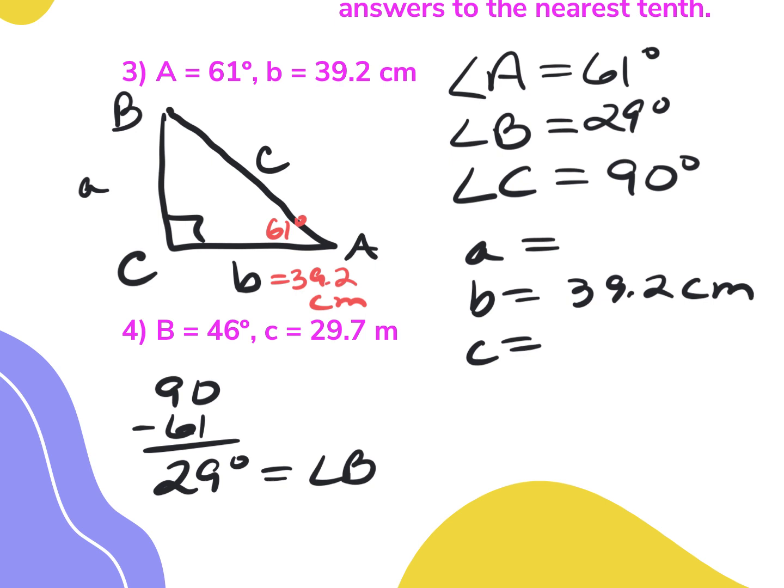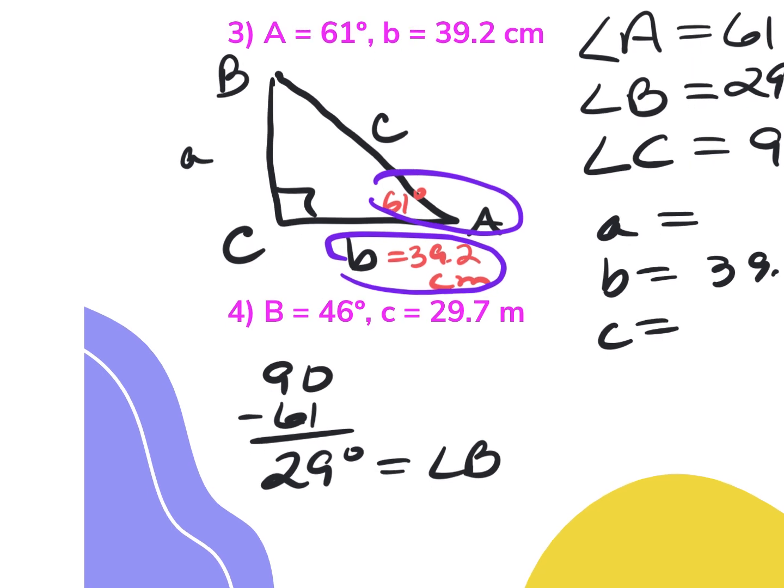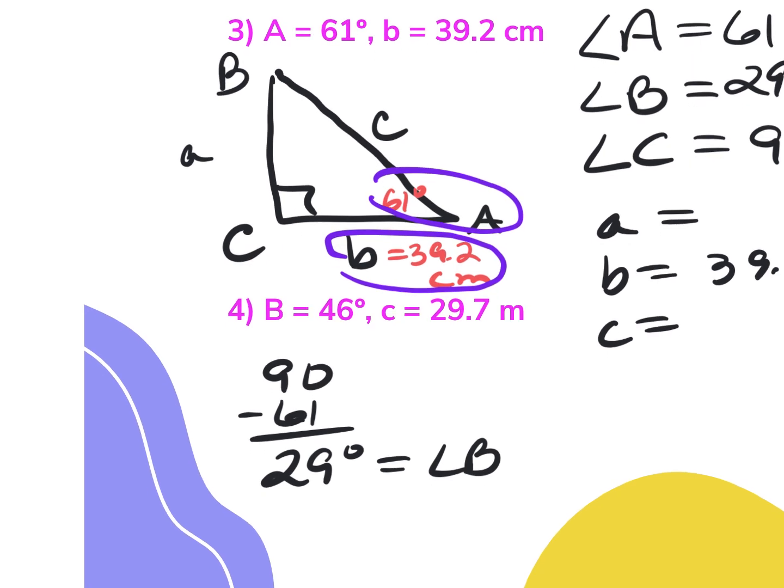Now, again, I'm going to circle what was given to me. So they gave me angle A and side length b. I'm going to label my sides in relation to angle A. So the little lowercase a is opposite, C is the hypotenuse, and then lowercase b is adjacent.